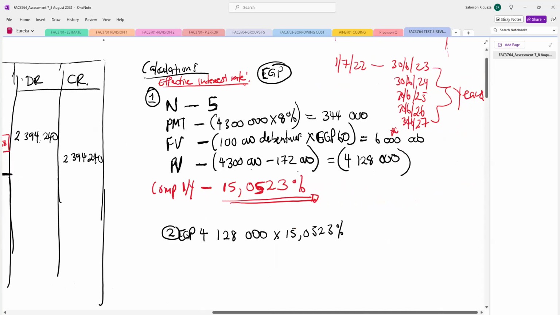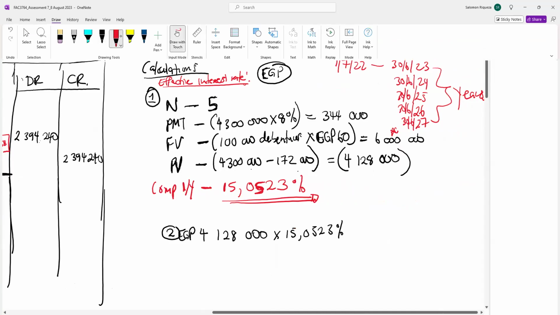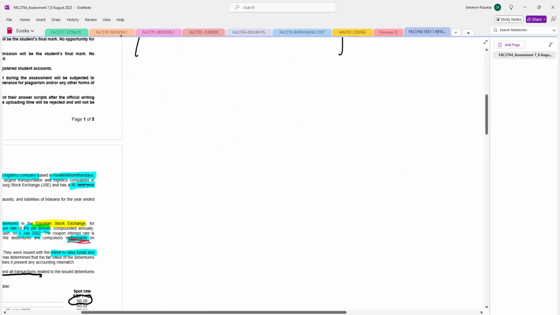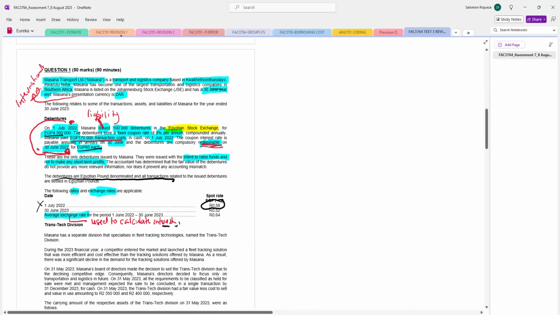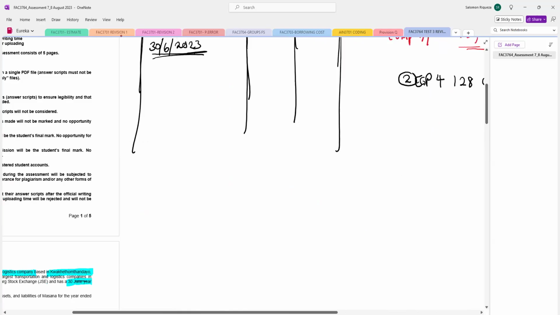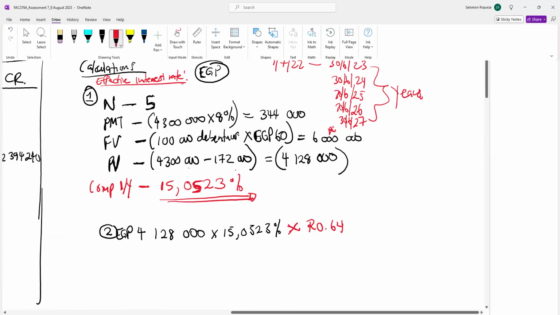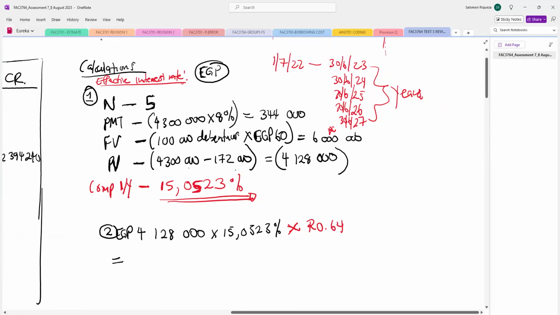I would have calculated my interest in Egyptian pounds. Then I will multiply this by the average exchange rate, which is used to calculate my interest. So in this situation, it is 0.64 cents. And then I'll be able to get my rand value. So that will be my interest. So here, I'm calculating my interest.